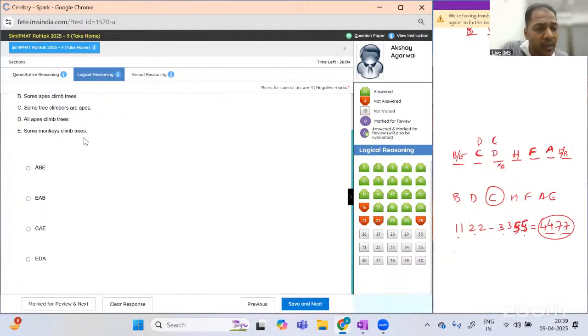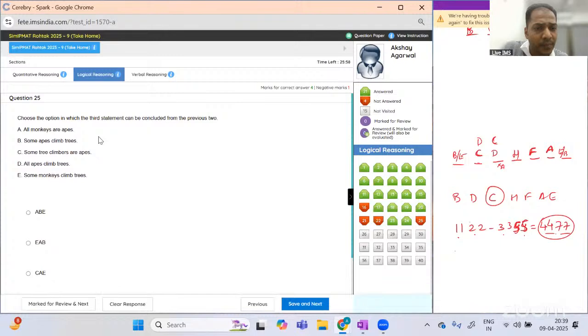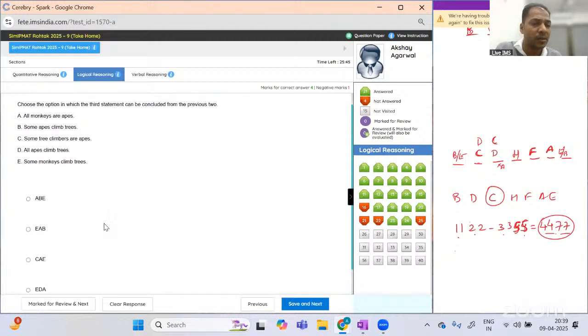EDA. Some monkeys climb trees. All apes climb trees. Some monkeys climb trees. Therefore, some monkeys are apes. No. CAE. Some tree climbers are apes. All monkeys are apes.